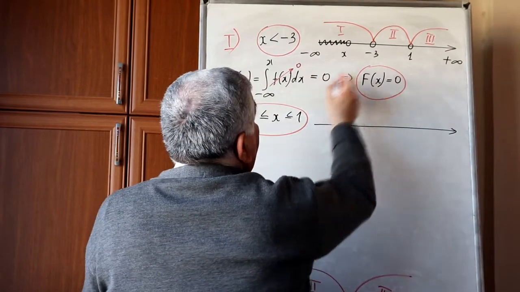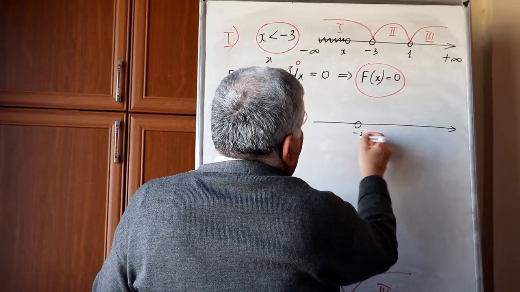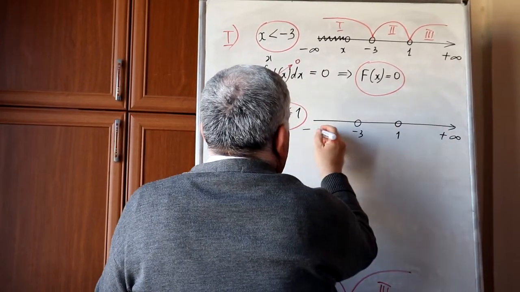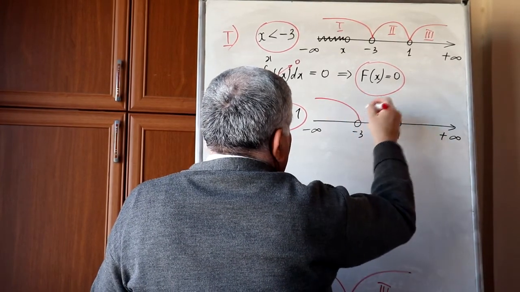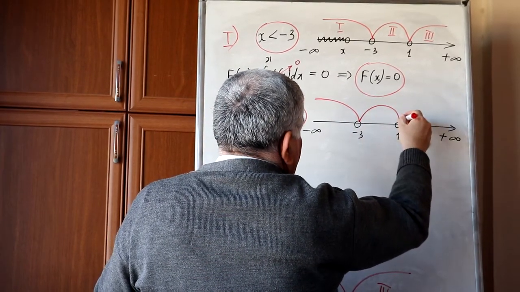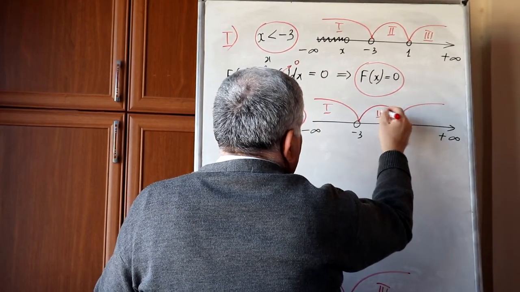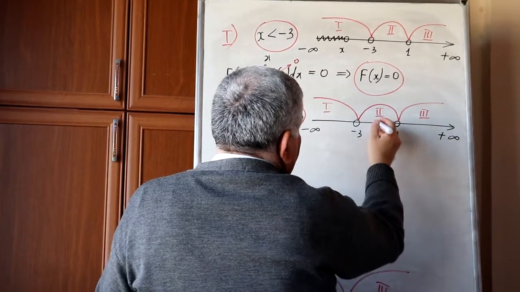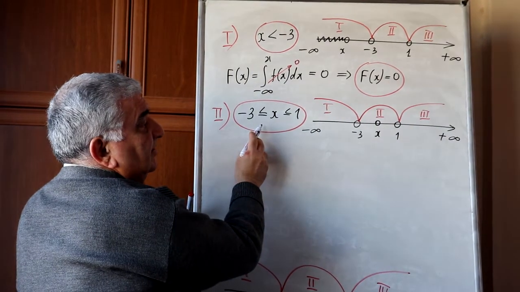Here x is situated between minus 3 and 1. Minus infinity, minus 3, 1, plus infinity. First interval, second interval, third interval. And x is situated between minus 3 and 1, according to this condition.